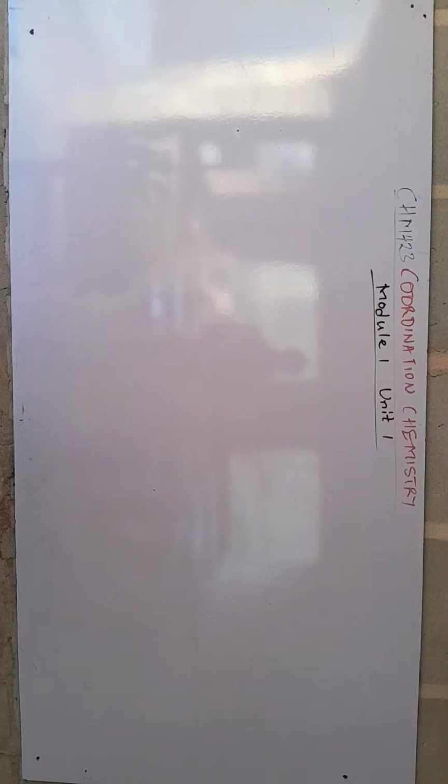Under the covalent combinations, we have coordinate covalent combinations. They are the ones we're actually talking about here. With respect to coordinate covalent combinations, we have these complex ions.